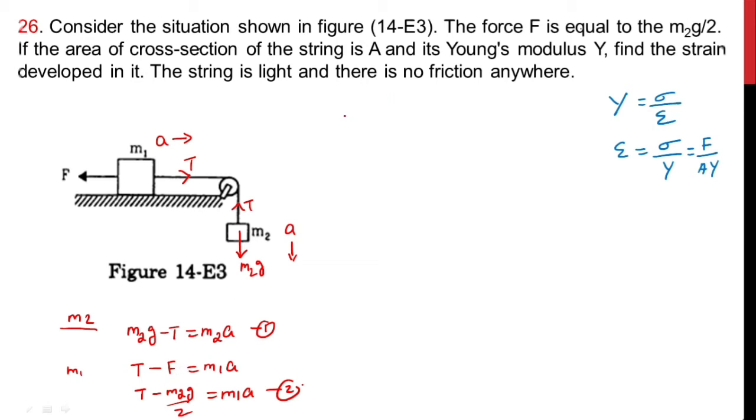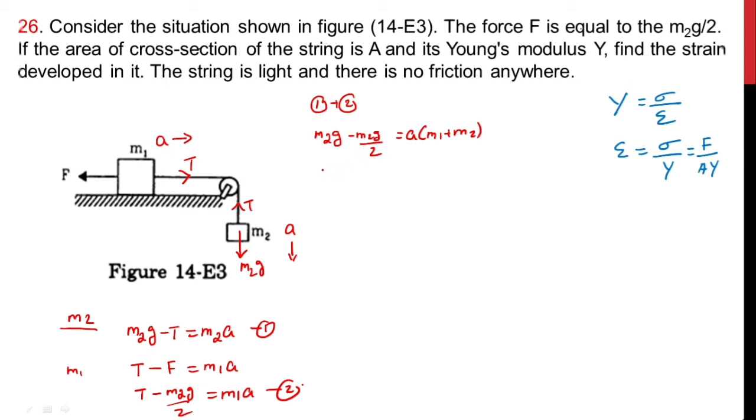Okay, so let's do one thing here. Equation number 1 and equation number 2, please add them. When you add this, tension will cancel. So we'll be getting M2g minus M2g divided by 2, which is equal to a, which can be taken outside, M1 plus M2.